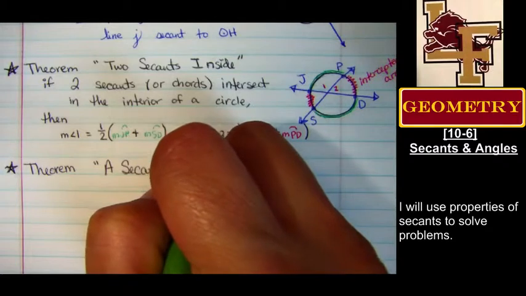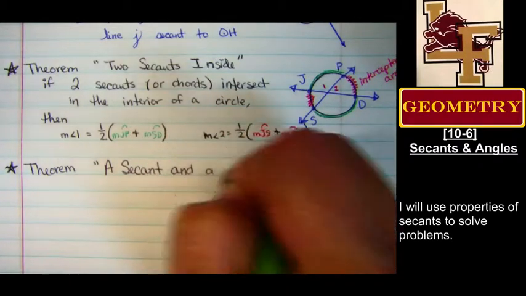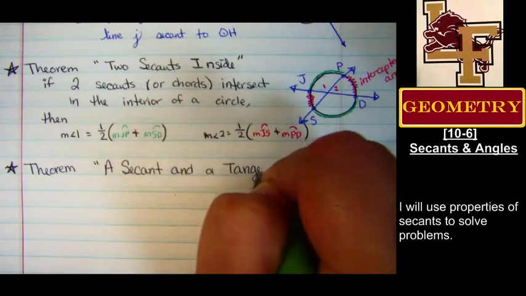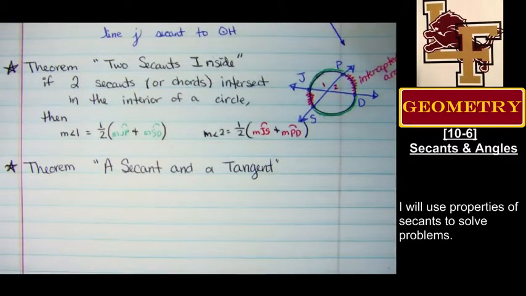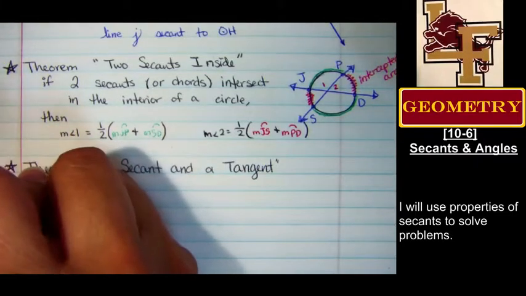This one makes me feel like that because it's kind of got the same number of syllables, sort of. So this is a secant and a tangent. I've nicknamed this theorem a secant and a tangent, because it's going to give us angle measures.